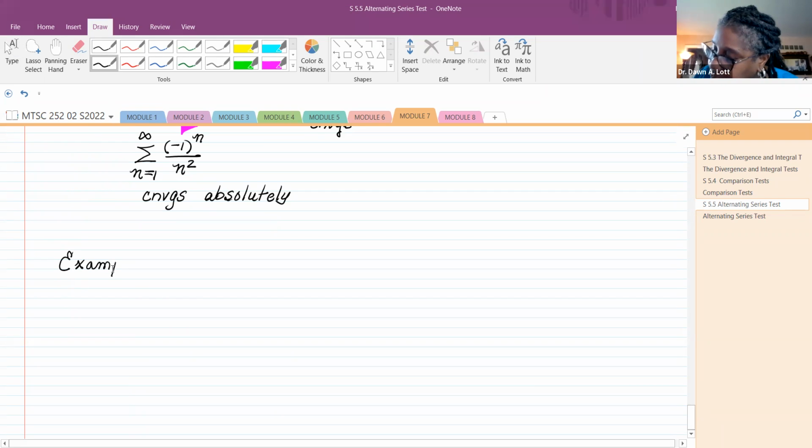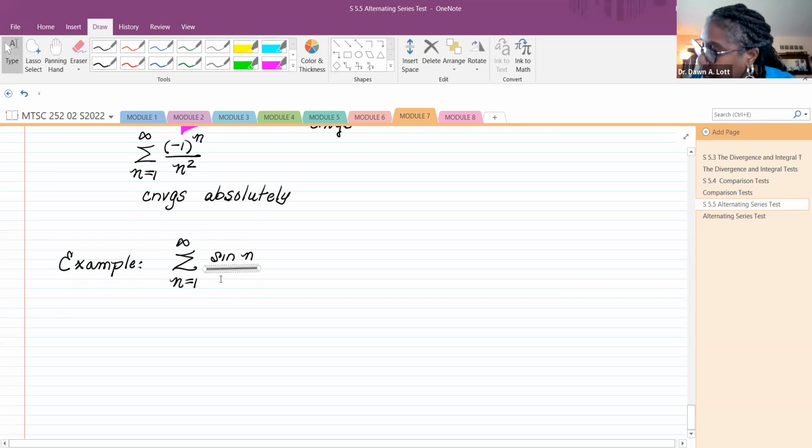I thought of this example, so I'm going to throw this in here in the list of my notes. Let's look at the summation n equals 1 to infinity of the sine of n over n to the fourth.